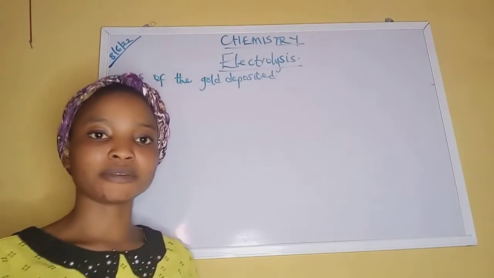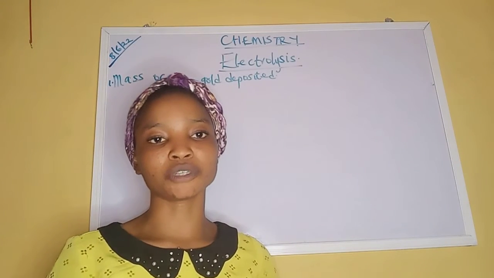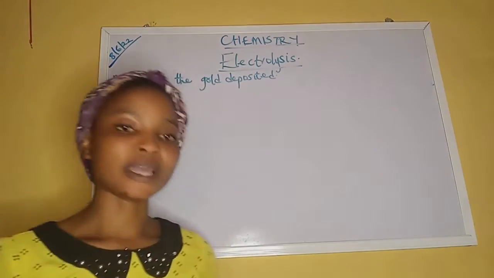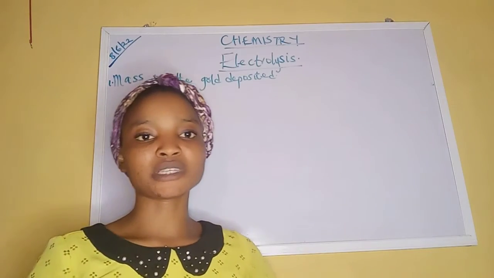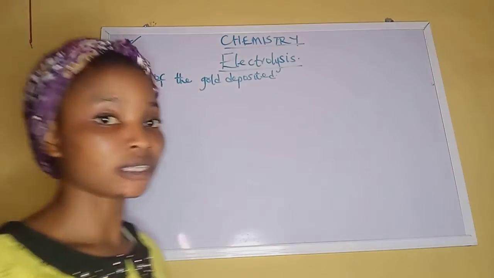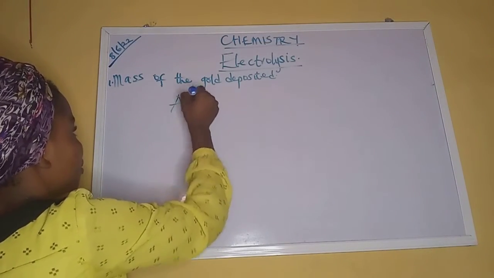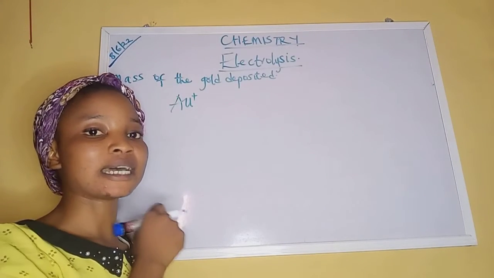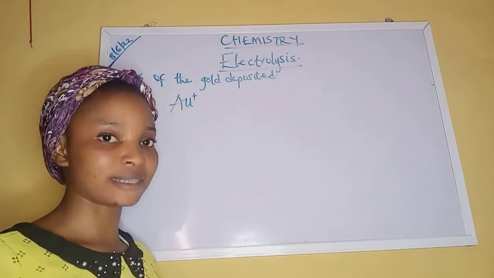Now, electrolysis involves oxidation and reduction reaction. I believe we know that. So when current is passed through the gold salt solution, the first thing is to oxidize your salt, which is the gold salt. So we have the Au. By virtue of the charge on each element, that determines how many electrons will be needed to oxidize them.